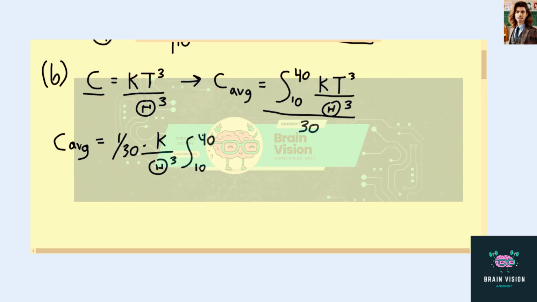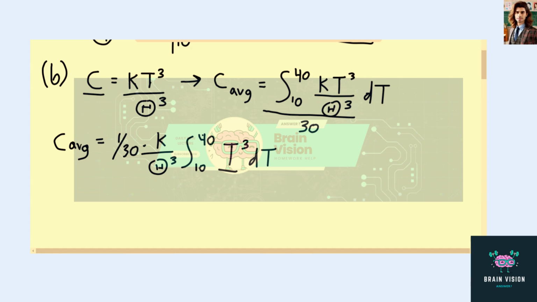This T cubed integrates to T to the 4th over 4. Then we evaluate.